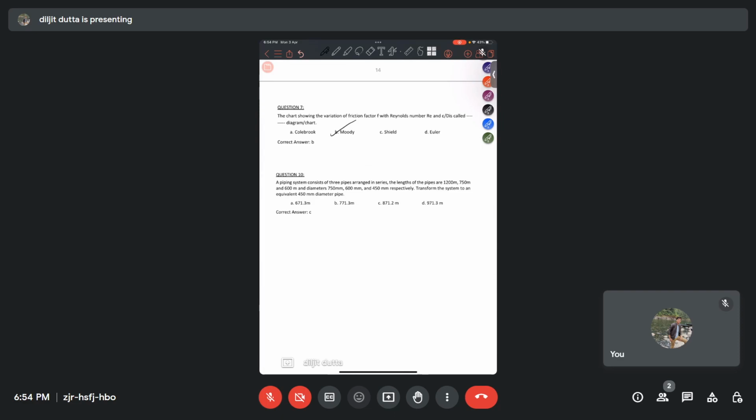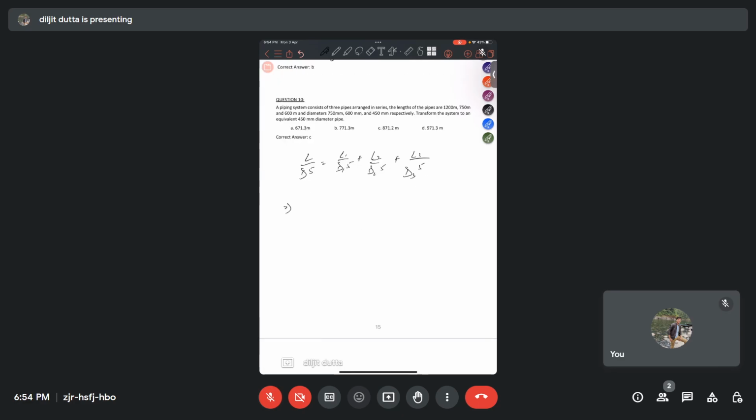So we have from Dupuit's equation L by d to the power 5. We substitute, and what will we have to find? The length. L1 is how much?